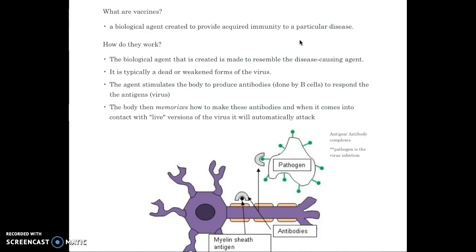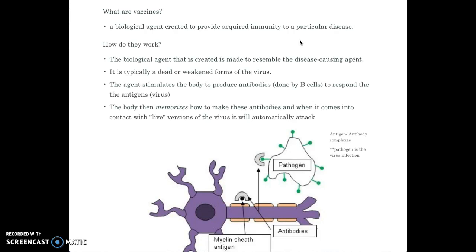The biological agent, is what we call it, is kind of a liquid substance that's made in a lab, and it's made to resemble the disease agent that it's targeting. So whether it be flu, for example, or the polio vaccine, they are made to target those specific viruses.